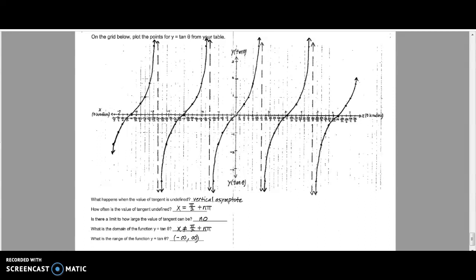The other thing to note is that if you're talking about domain and range of a tangent graph, the domain is not negative infinity to infinity because you have an infinite number of vertical asymptotes. The domain looks weird down here, but x cannot equal pi over 2 plus n times pi, which is very similar to where tangent is undefined. Wherever tangent is undefined, you're not going to have x values there.